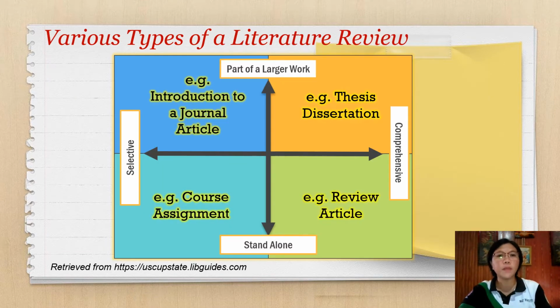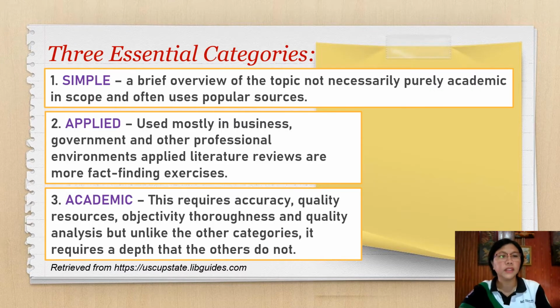There are various types of literature review. We have the introduction to a journal article. It could be a thesis or dissertation. It could be a review article or a course assignment. There are three essential categories. First is simple, a brief overview of the topic, not necessarily purely academic in scope and often using popular sources.